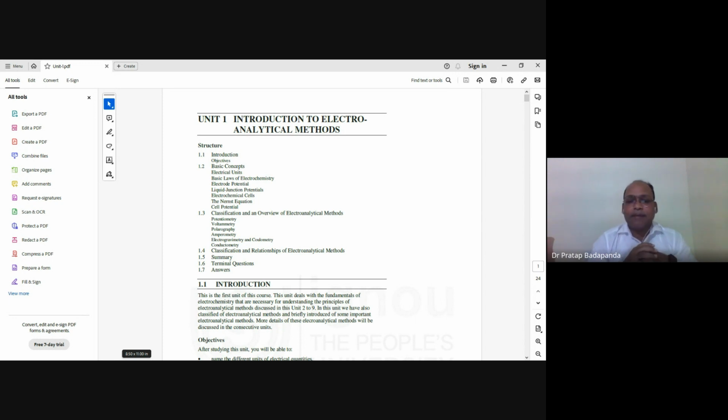In electrochemistry, one electrode potential value is already calculated, right? We memorize that value, the electrode potential value. Suppose we take copper sulfate and zinc sulfate, right?